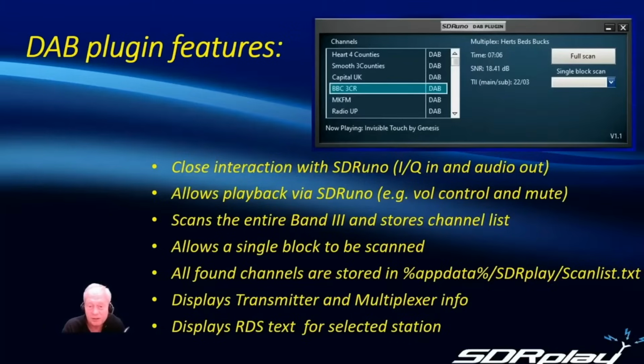It allows a single block to be scanned should you want that, and all the found channels are stored in a scan list text file that can be edited. On the main plugin display that you see here, there's additional information presented like the multiplex name, more transmitter information, and below you can see the text being broadcast by the particular channel.